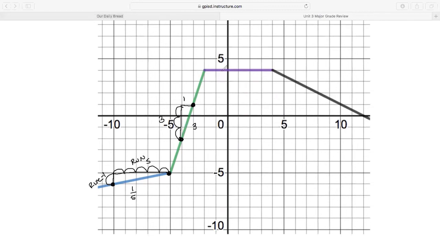All right, this purple line, a horizontal line has a slope of what? 0. So this one is straight up 0. And then the black line, please remember the slope here would be negative because this line is going down.